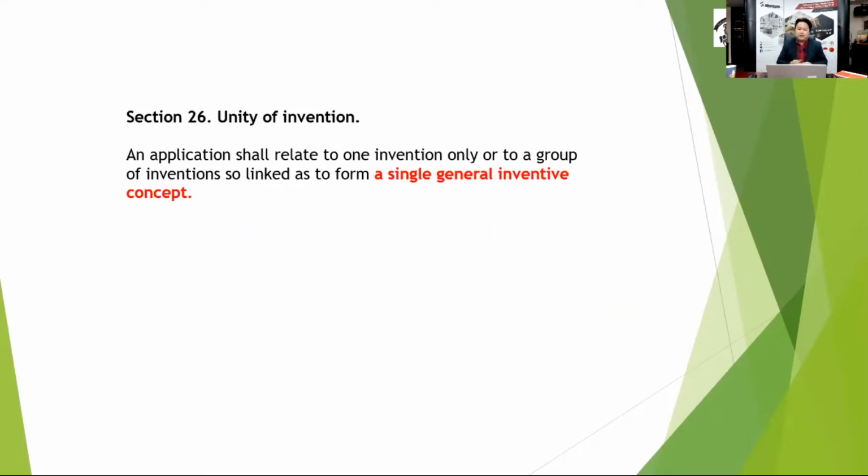The law says that an application shall relate to one invention only, or to a group of inventions linked to a single general inventive concept. So if you are patenting something A and you talk about something B, which is totally unrelated, you cannot. You must file 2 separate applications instead of 1. You don't draft everything in one go.